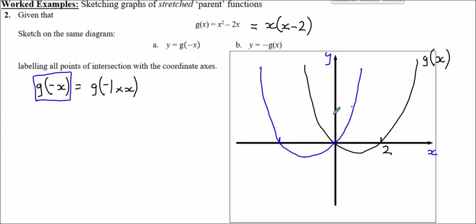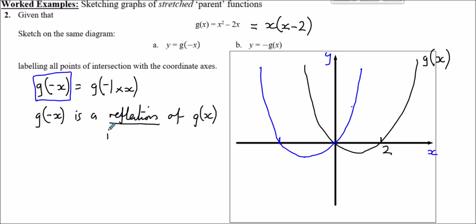That's to say that g of minus x is a reflection of the function g of x in the y-axis. That's a general result. And so in blue, I've drawn in g of minus x.